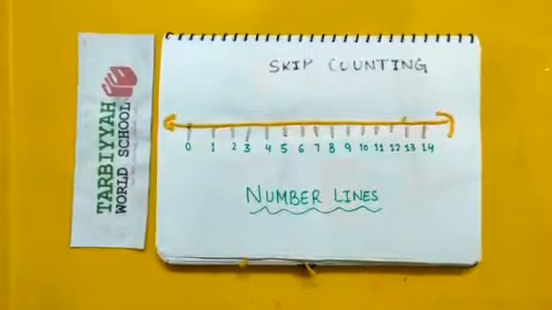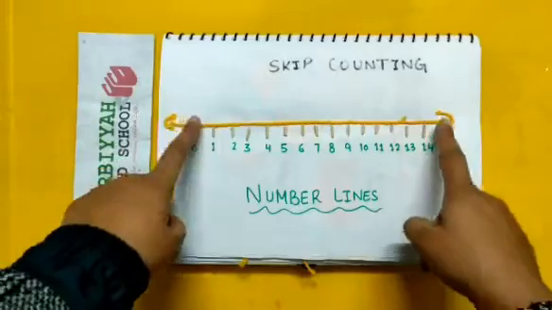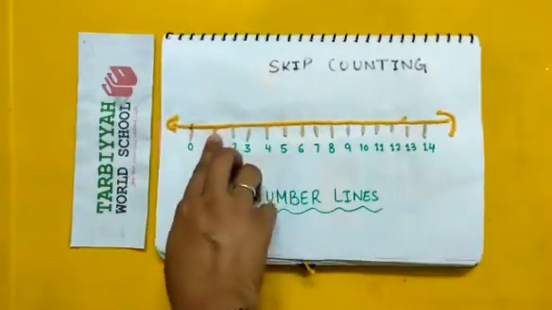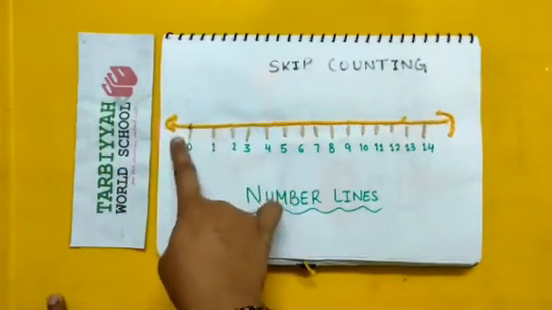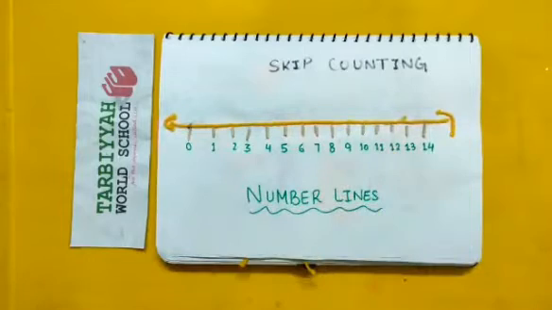So my dear children, today we will do the activity of skip counting. First you have to take a thread and some toothpicks and make a number line like this.